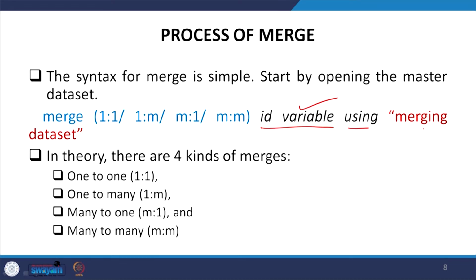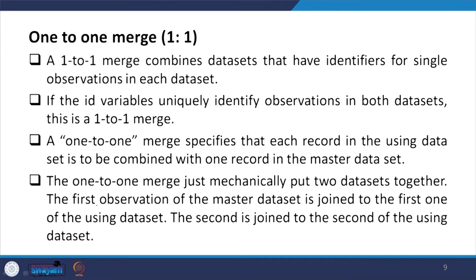In theory, there are 4 kinds of merges, as I said: 1 to 1, 1 to many, many to 1, that is m:1, and many to many, okay. Now, let me explain what all those mean. 1 to 1 merge. So, insert 1:1 in the command. A 1 to 1 merge combines data sets that have an identifier for single observations in each data set, okay.